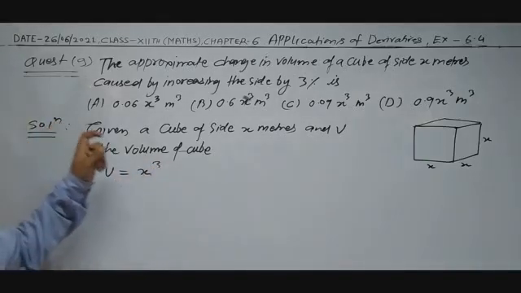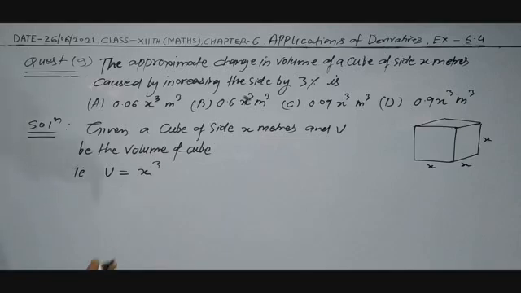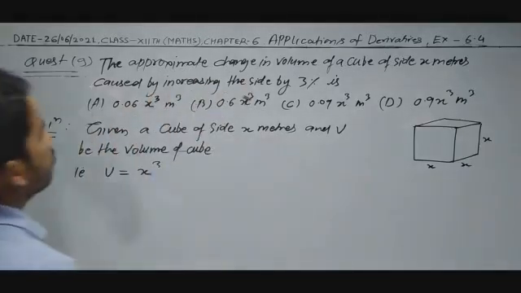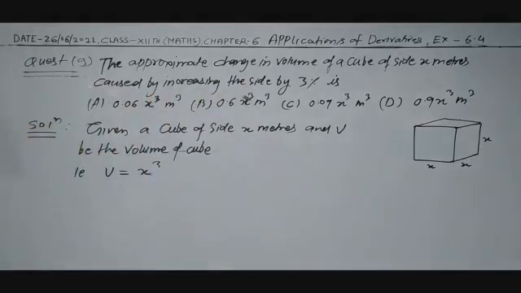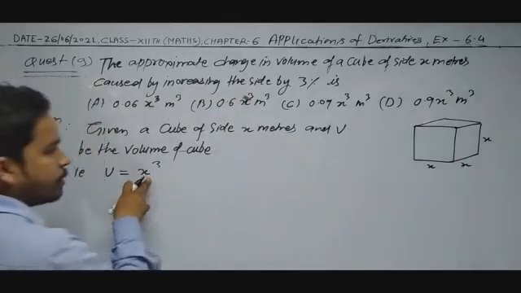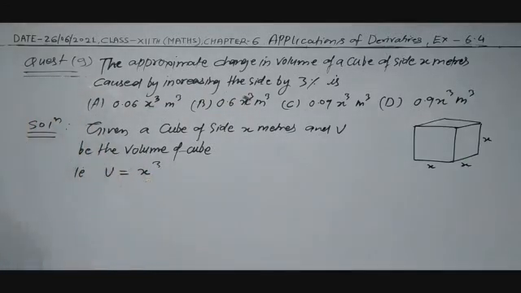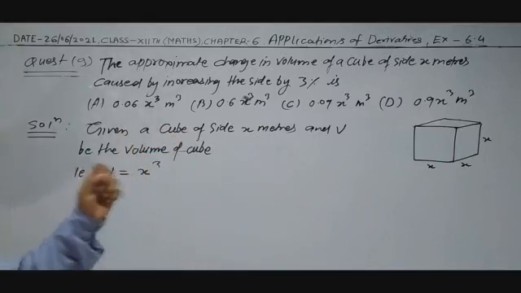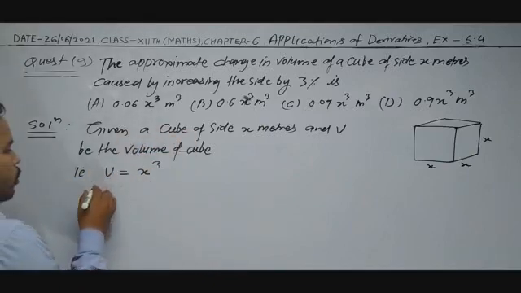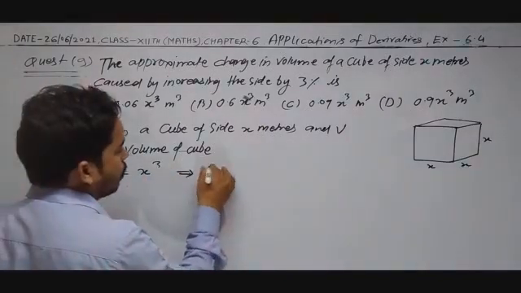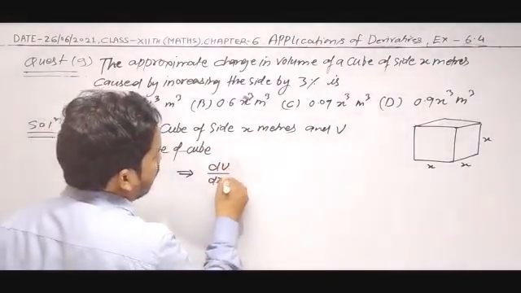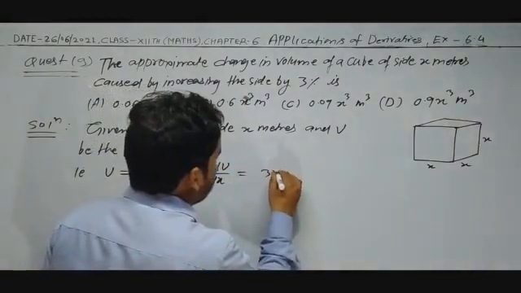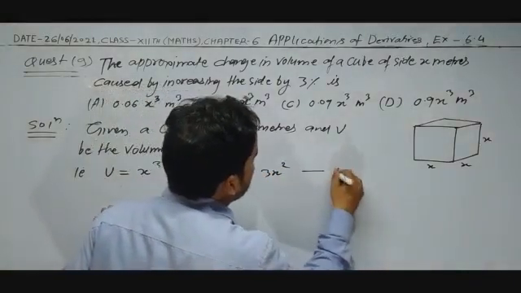We have to calculate the change in volume, the approximate change in volume of a cube. This is the side and volume is proportional to the side. Side increase, volume increase. Side decrease, volume decrease. So you calculate dV by dx. First of all, the result will be 3x square. Consider equation 1.